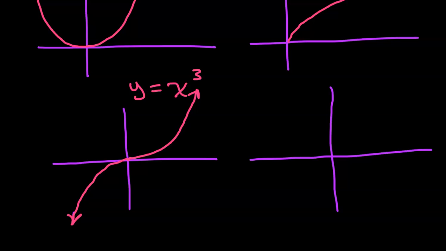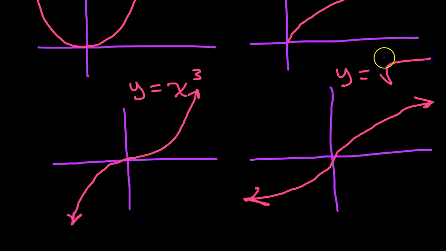So the wave is going to look like this. It's the same shape as x cubed, but it's turned sideways. So y equals the cube root of x.